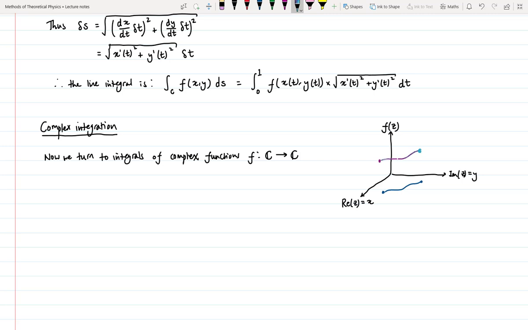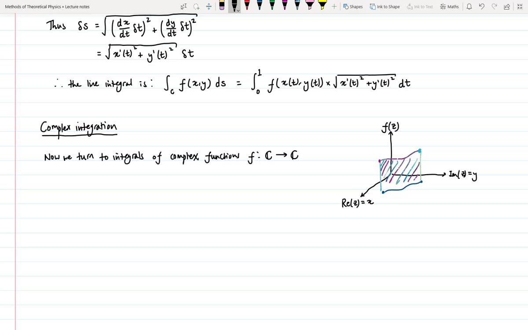I'll write it as this line which is changing colour to highlight that the real and imaginary parts of the function will be changing in general. And we're now interested in the complex number corresponding to the area of this sheet.